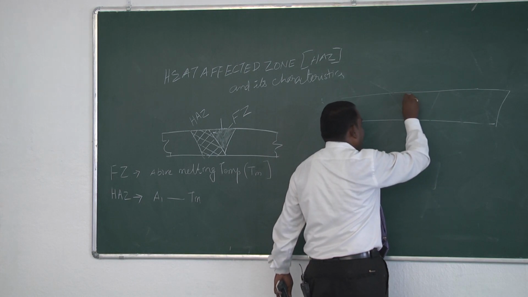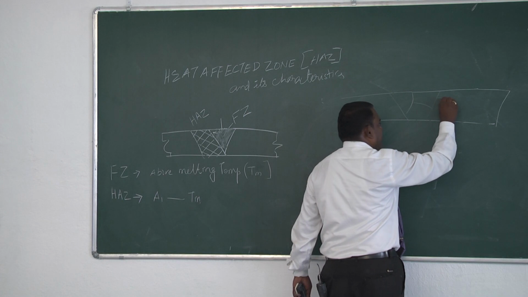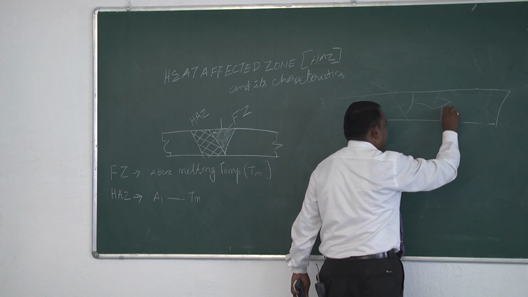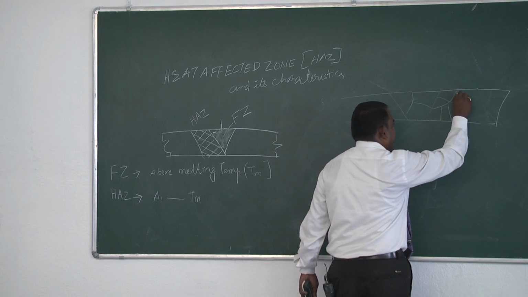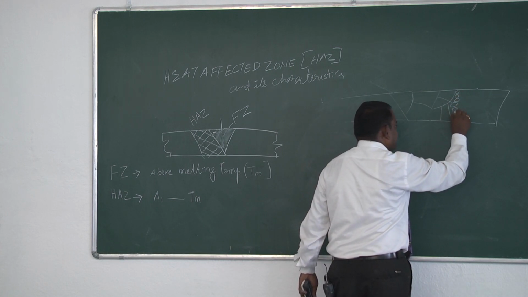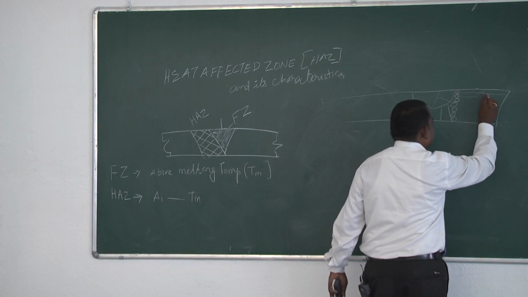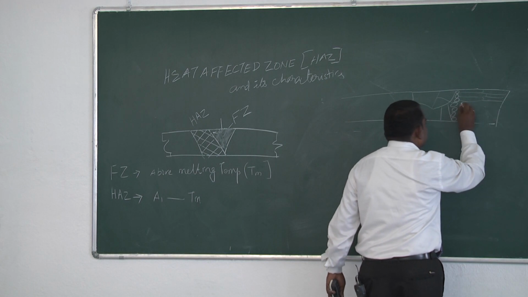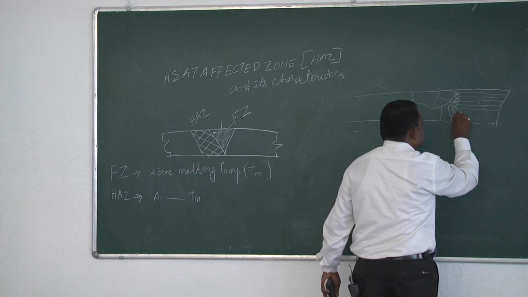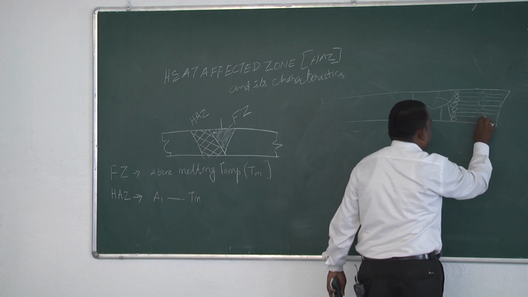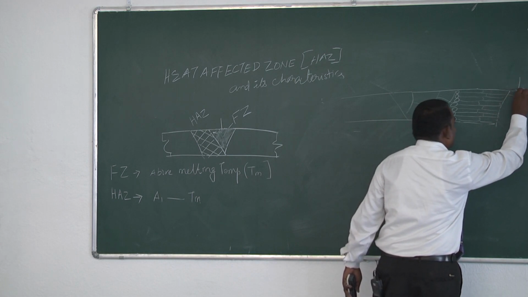Even the weld metal alone will have a very coarse grain structure, and away from that again a coarse grain microstructure in this heat affected zone also. Away from that it will have a fine grain structure, that is due to the recrystallization process. Away from that it will have a very fine band structure because of the cold rolling. The band width and band thickness will be comparatively smaller than the previous one. The band structure itself is smaller because of the cold work.